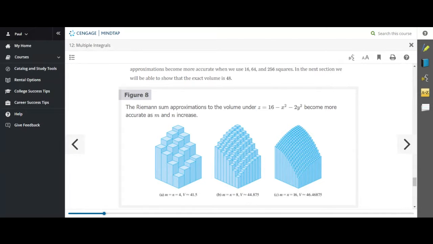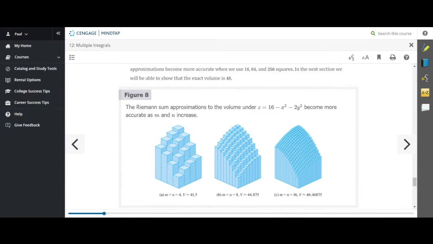It's the same problem, same example, but here they're increasing the number of subrectangles. Let me ask you this: in Figure 8, Part A, how many subrectangles are there? M equals N equals 4. If you look at the picture, how many subrectangles is it?